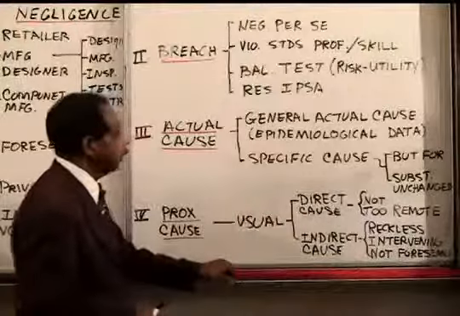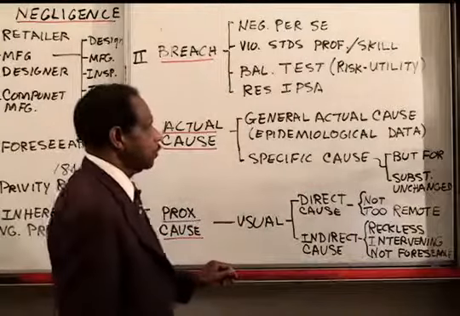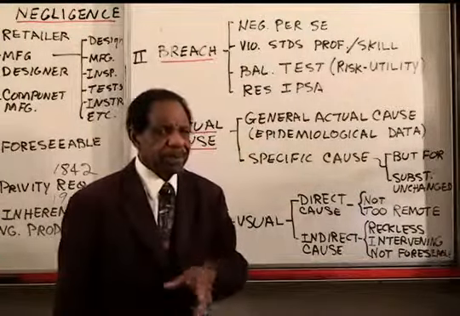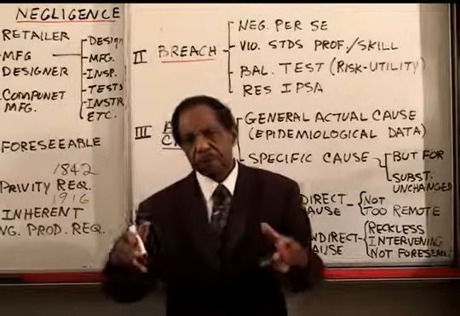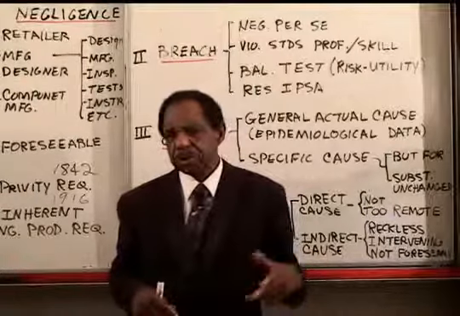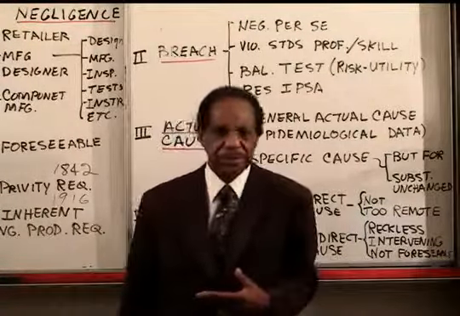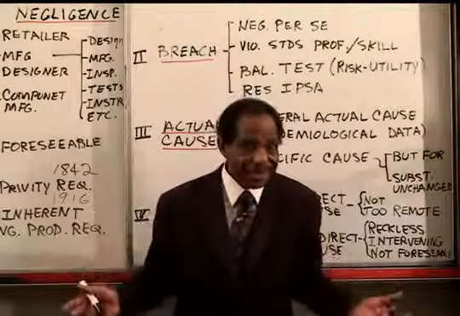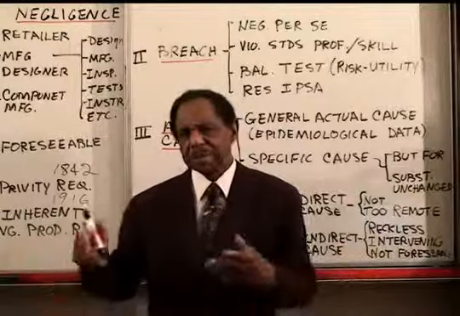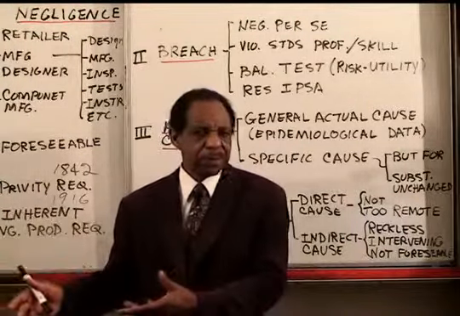And res ipsa is used a lot in manufacturing defects. It's used a lot in manufacturing defects because if you buy a car and the wheel comes off that car and you want to sue the manufacturer, well, you don't know exactly what happened at the assembly line, but you can say that cars just don't come off the assembly line with some of the bolts missing off the wheel unless somebody up there was negligent.